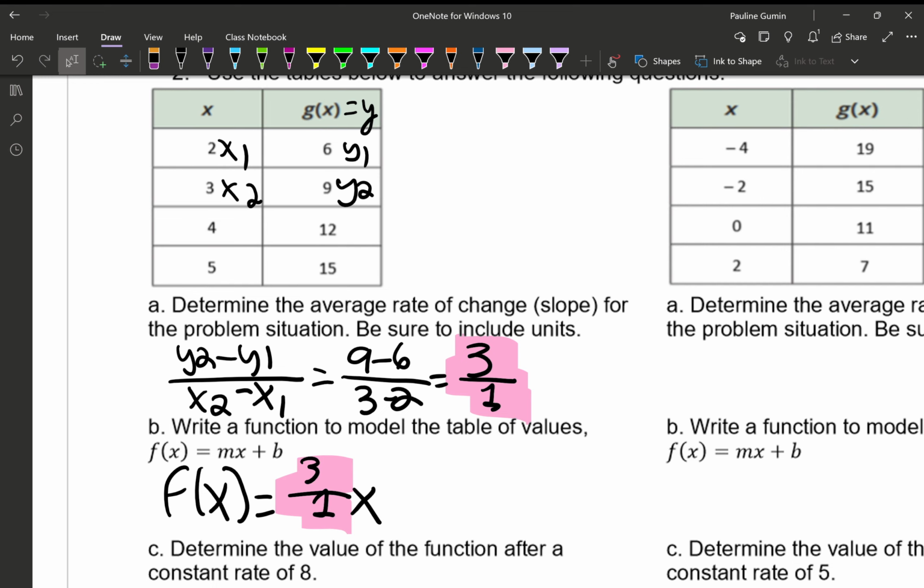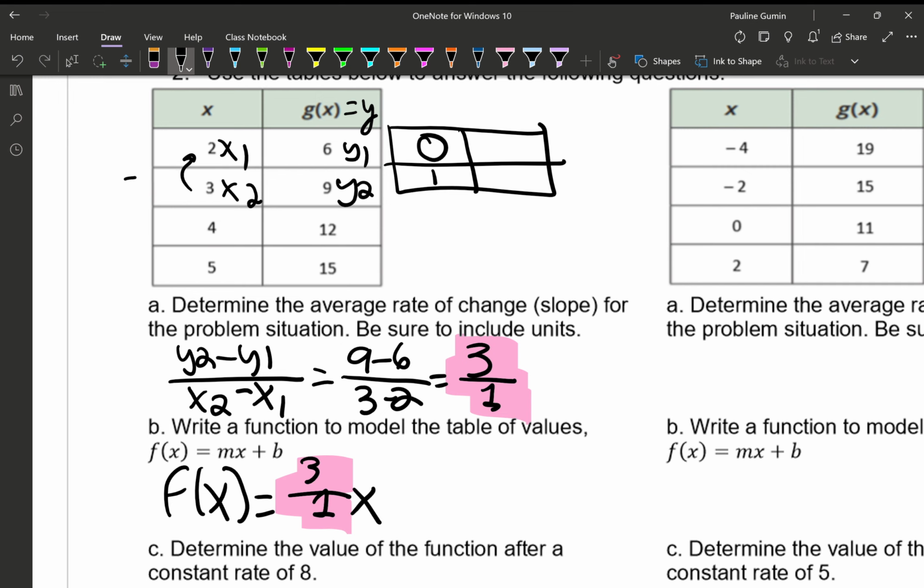However, my x's are going by 1. So that means I can go backwards 2 spots. So 1 and 0. So we're subtracting 1 this way, subtracting 3. So then 6 minus 3 is 3. Oh, 0. Plus 0.